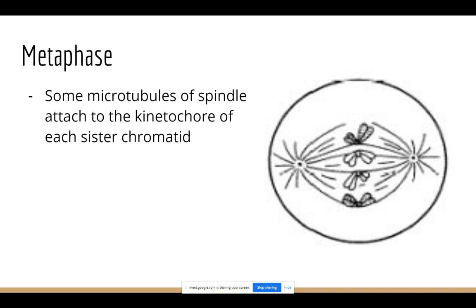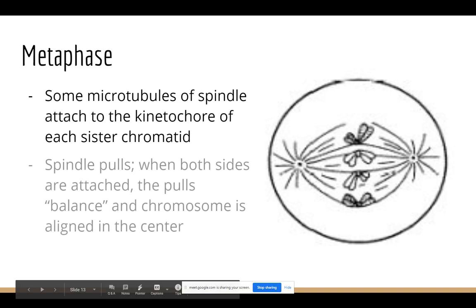As they do that, they tug on the chromosomes. And that's actually why the chromosomes end up lined up in the middle, because when they're attached on both sides and being pulled equally in both directions, they end up just hanging out right in the middle of the cell. So that's why the chromosomes line up in the middle during metaphase.